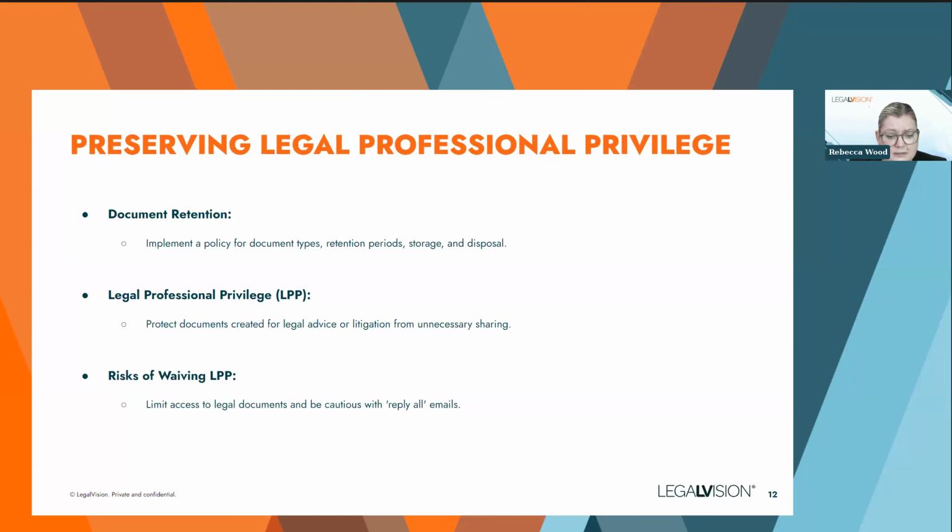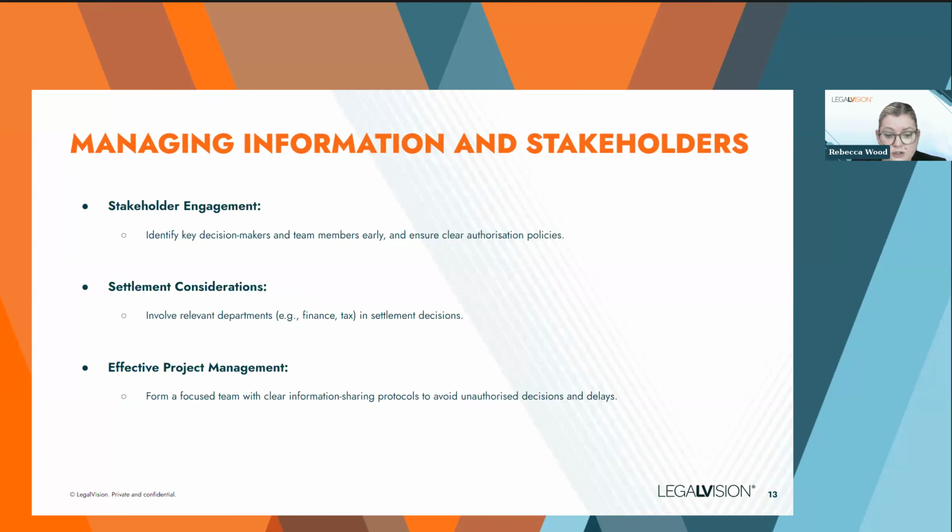So it's important to sit down and think about who you're sharing the information with, and make sure that you're not sharing information or engaging with too many stakeholders. You need to think about who really needs to be involved in the litigation process. Who do you need to be signing off on decisions along the way, and who needs to be involved in those communications.